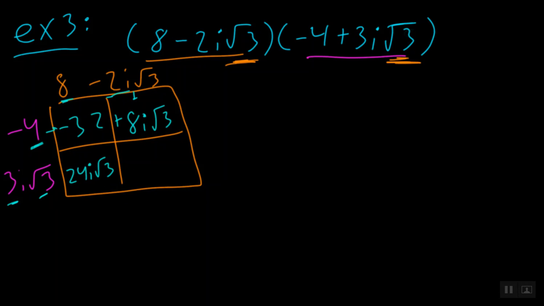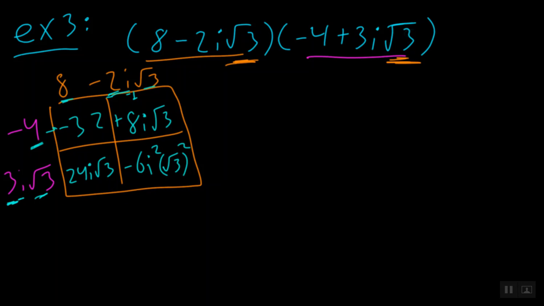And lastly, what happens when we multiply 3i square root of 3 times negative 2i square root of 3? Well, in parts, 3 times negative 2 is negative 6. I times I is I squared. And the square root of 3 times the square root of 3 is the square root of 3 squared.